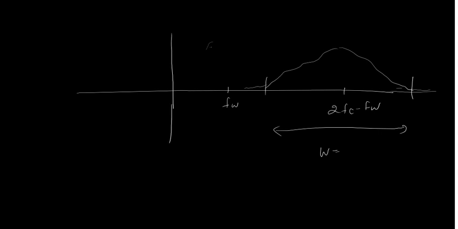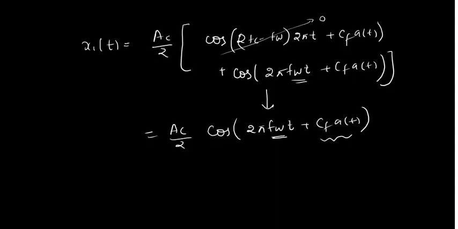So we have to make sure that these two frequencies are far apart so that the spectra of these two signals do not overlap. Then only can we properly receive only this signal. Otherwise, some vestige or some part of this signal will also be there.